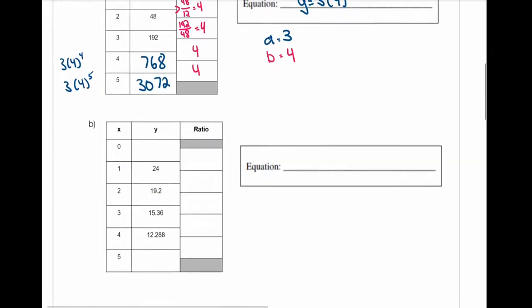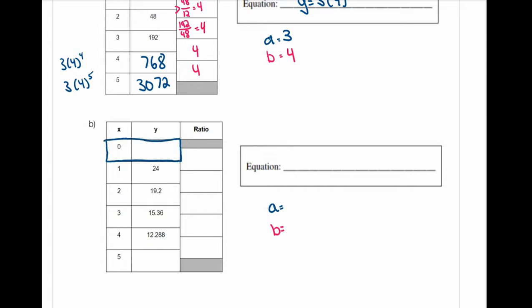If we look at the next example, again, we want to figure out our equation by figuring out our ratio and our starting value. So again, we're looking for our a value and we're looking for our b value. The a value should be in this box here.